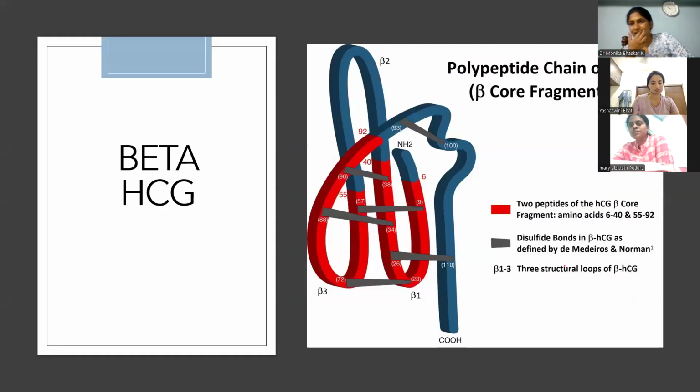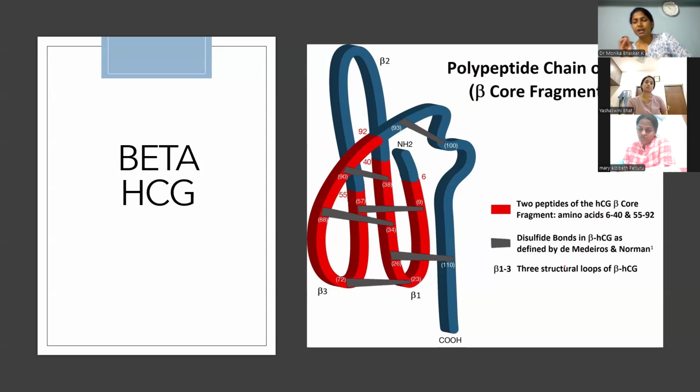Okay. Some things I want to tell about beta HCG. HCG is human chorionic gonadotropin, which is secreted by the syncytiotrophoblast of the placental tissue. There are two chains, the alpha chain and the beta chain. The beta chain is specific for pregnancy, and the alpha chain resembles thyroid stimulating hormone, luteinizing hormone, follicle stimulating hormone, and even CRH, that is corticotropin releasing hormone.